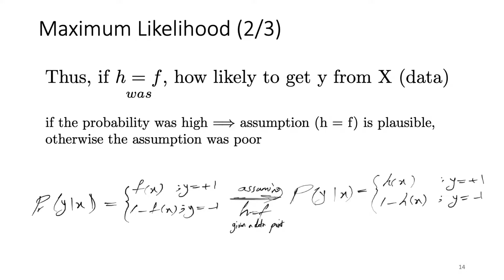Just like what you saw there. So the conditional probability of y given x is f(x) for the case of +1 and 1 minus f(x) for the case of -1, assuming that your hypothesis was equal to f given a data point. So you can exchange these two, right?